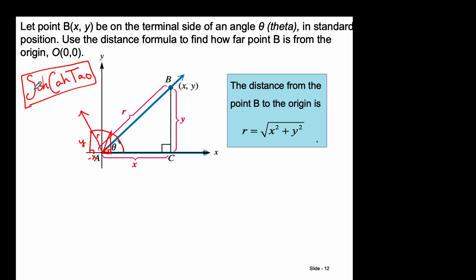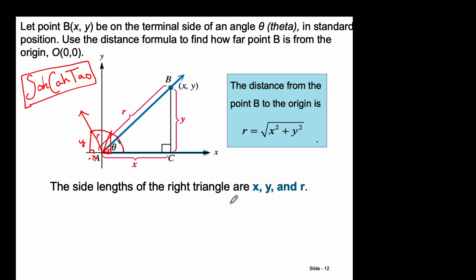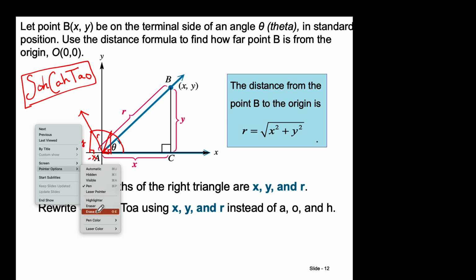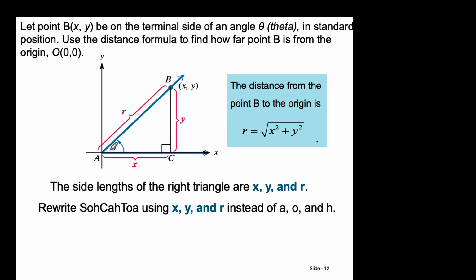So I'm going to show you how this is going to change. Ready? The side lengths of the right triangle here in standard position are x, y, and r. So what I want you to do is rewrite SohCahToa using x, y, and r instead of the a, o, and the h. All right, I'm going to erase all this other stuff and show you what I mean. Okay, currently y is what we would have called the opposite.